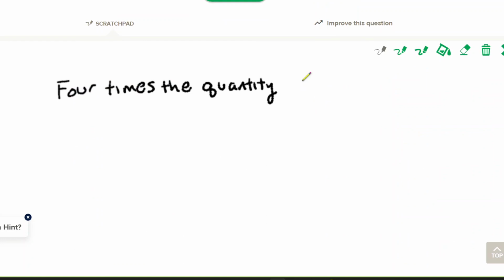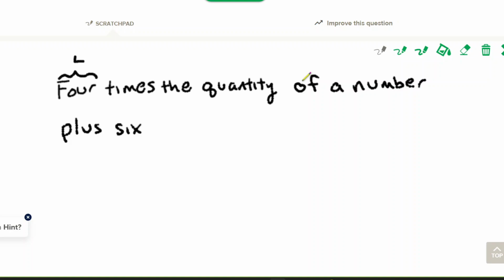Yes, the quantity of a number plus 6. Right. So first, the number 4. The number 4 is simply going to be the number 4.